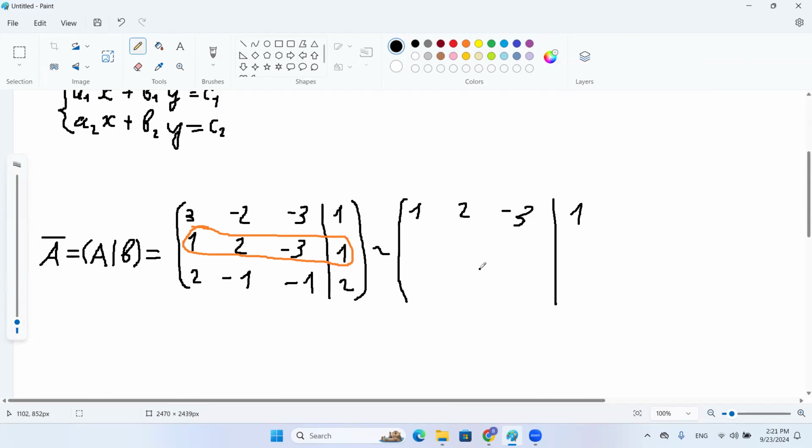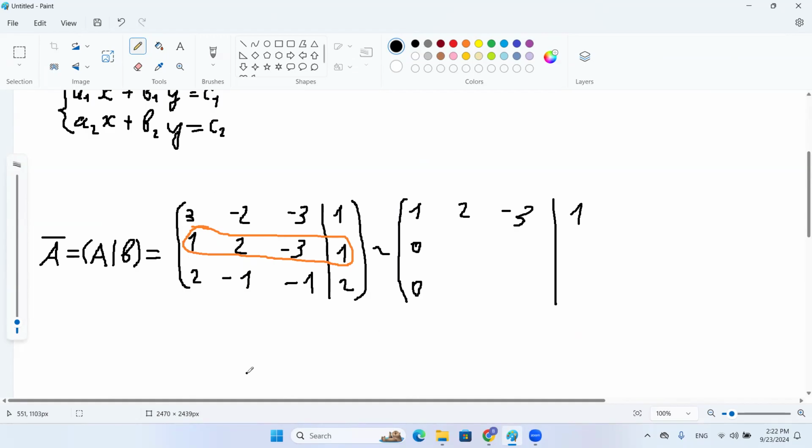rows. Who wants to assist me? I want. Okay, go on. Yeah, I just put it on top. And I need to eliminate this and this.